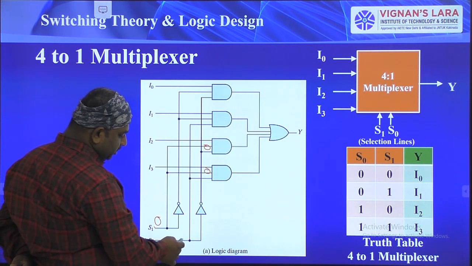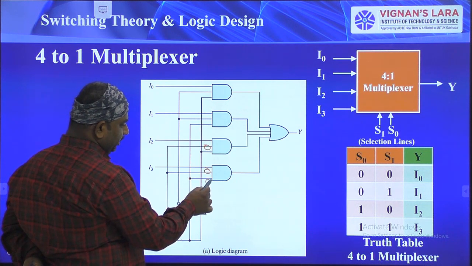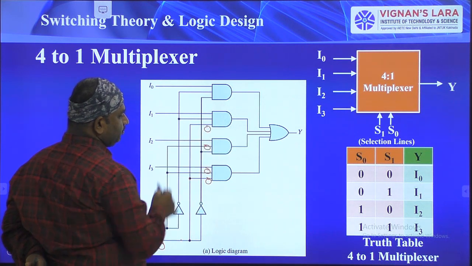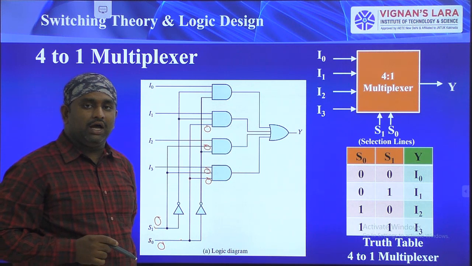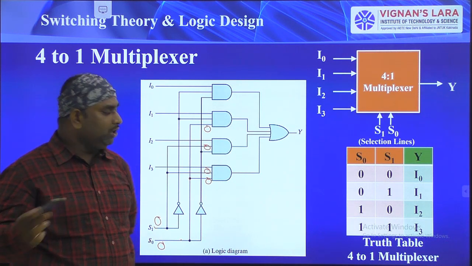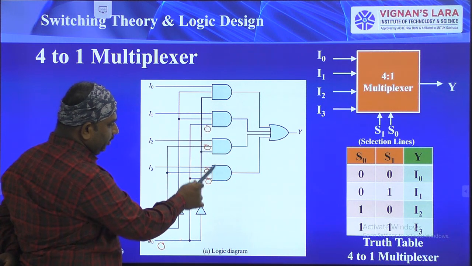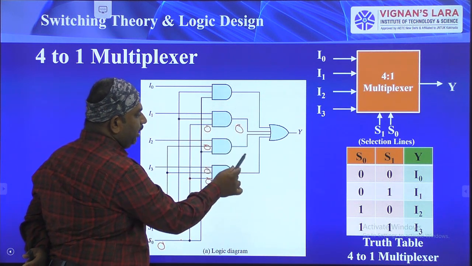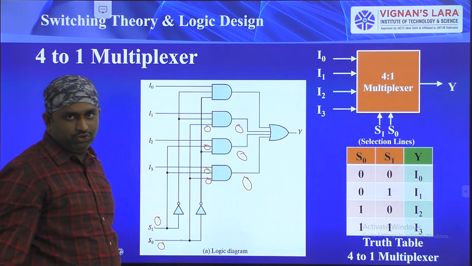Next, S0 is equal to 0, here it is 0. What is the AND gate operation? If any one of the inputs is equal to 0, automatically the output goes to 0. So these three AND gate outputs are all 0.